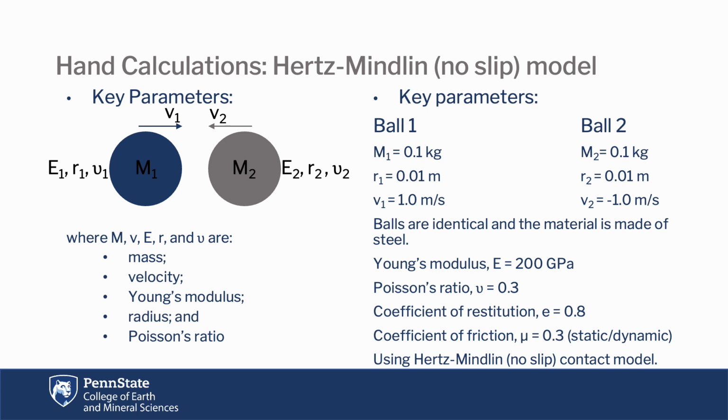They are similar because we are still maintaining identical balls, so we have the same radius and the same Poisson's ratio. The key parameters: the Poisson ratio is still 0.3, Young's modulus is 200 gigapascal, the coefficient of restitution is still 0.8, and the coefficient of friction, static or dynamic, is still 0.3. And we are going to use the Hertz-Mindlin no-slip contact model.